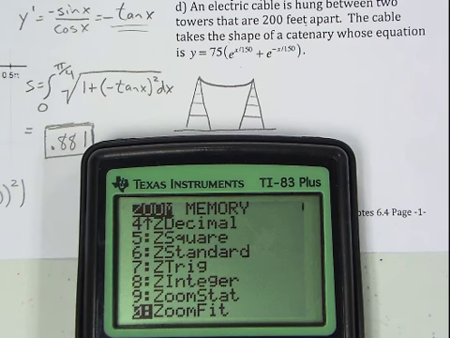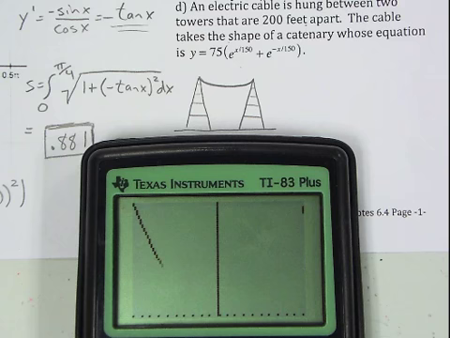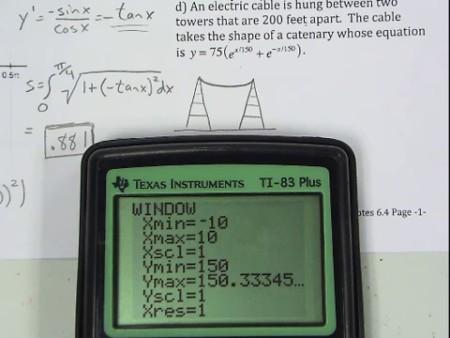Oh. So you can see the curve right there actually goes. Okay, that's not 0. Let's look at our window here. So we got negative 10 to 10. Well, that's not good because we need 200 feet apart. But notice the graph goes down right in the center of that. So the towers are centered around the y-axis. So we need to go like negative 100 to 100.